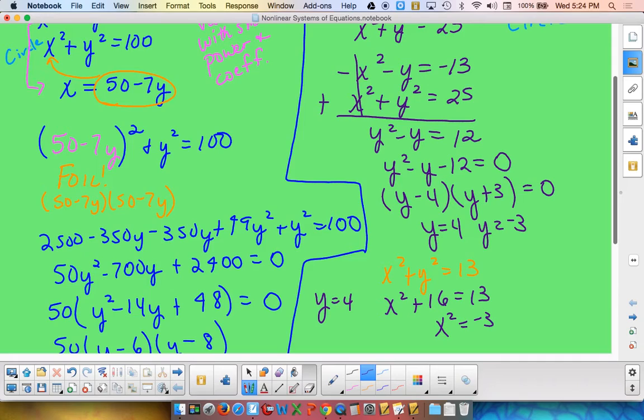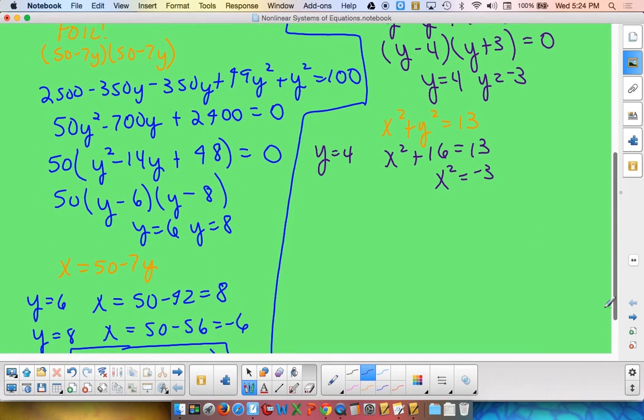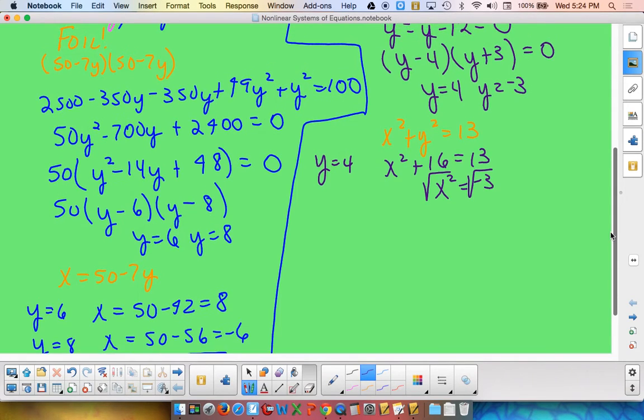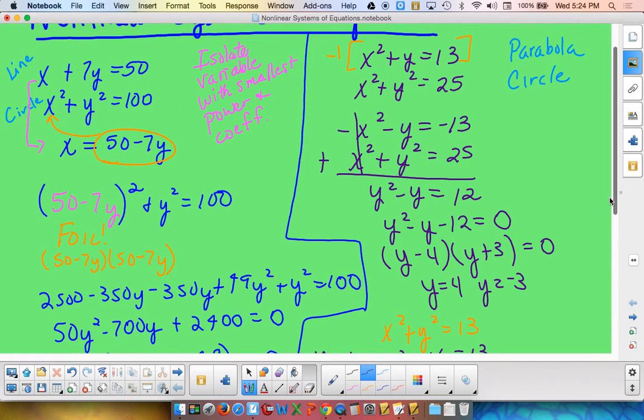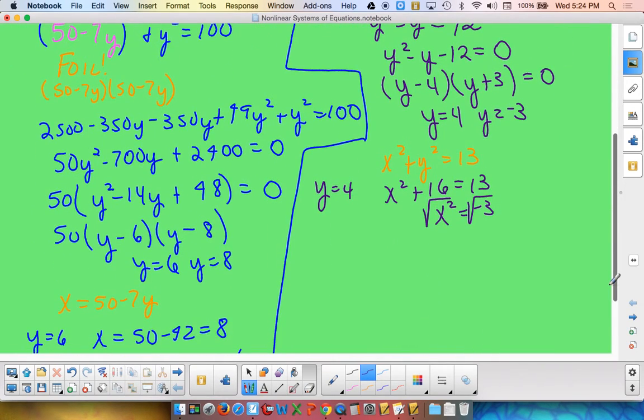If I put 4 in for y, and you would look at that and go, okay, can I have x squared equal a negative 3? And the answer there would be, no, it can't. Because if I square root it, what's wrong with that? Yeah, you can't have an imaginary answer. Just making sure. Oh, no? Oh. That would be because I knew this was wrong because this wasn't working right.